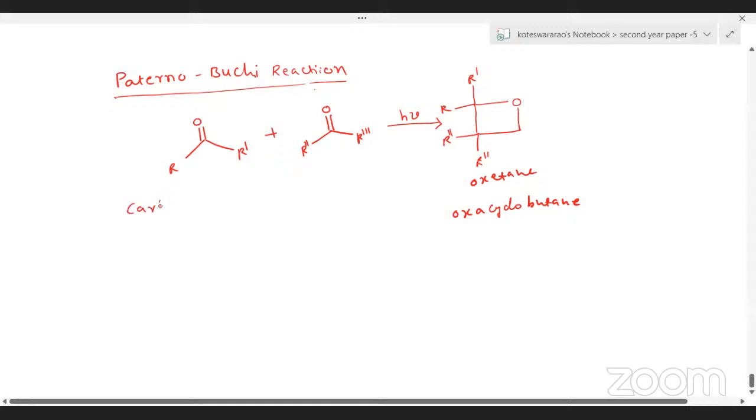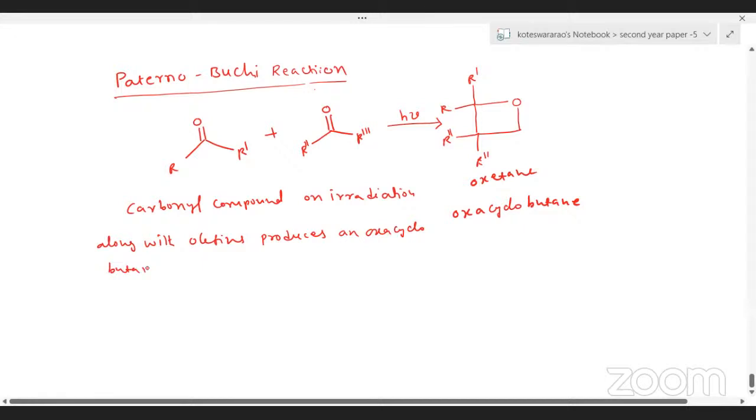Carbonyl compounds on irradiation along with olefins produce an oxacyclobutane or oxetane.